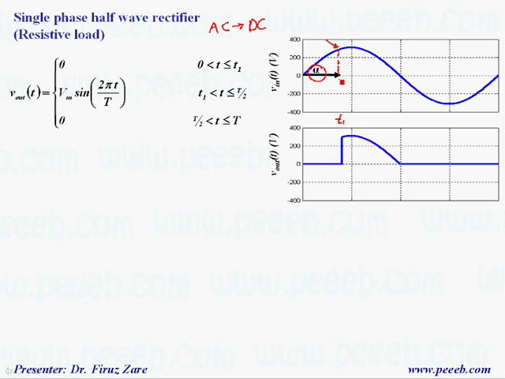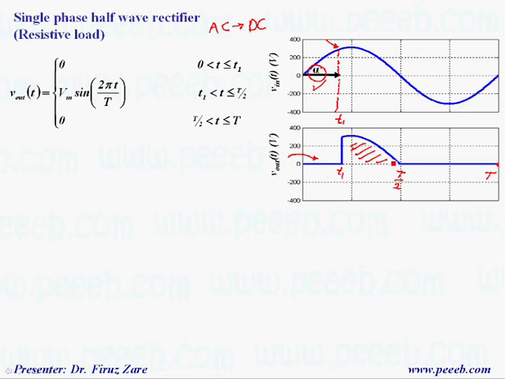We can also define it based on the firing angle alpha. Then the output voltage is 0 up to T1, and then we have output voltage here, and then no output voltage till the end of this cycle.